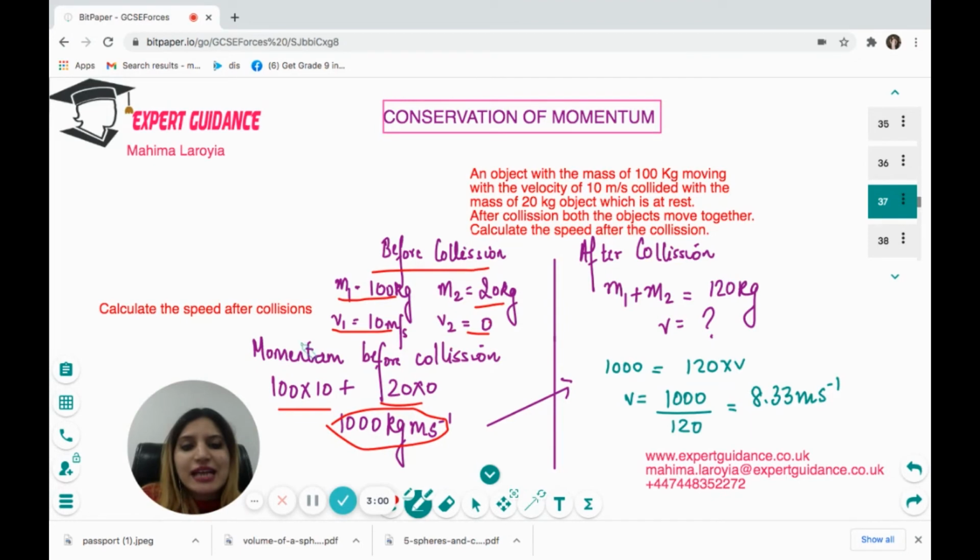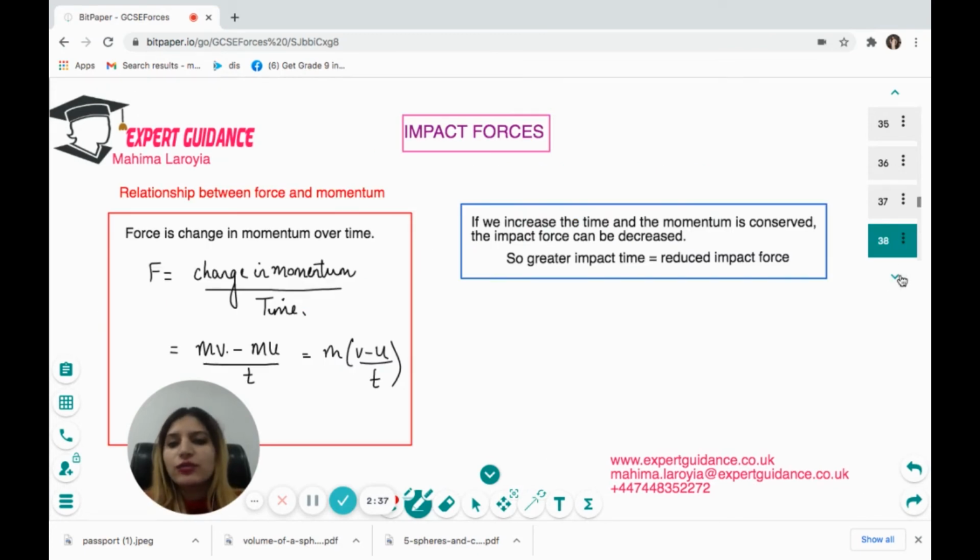So let us take that as v. The momentum after the collision would be 120 times v, which should be equal to the momentum before collision, which is 1000. So v would be 1000 over 120, which is 8.33 meters per second. So this is how we do these questions, where you calculate the momentum before the collision and after the collision and use them to find the unknown velocity.